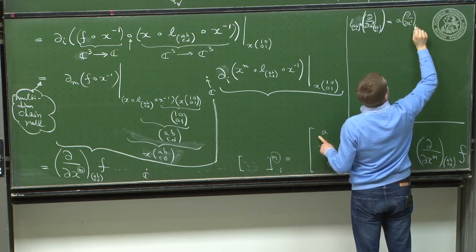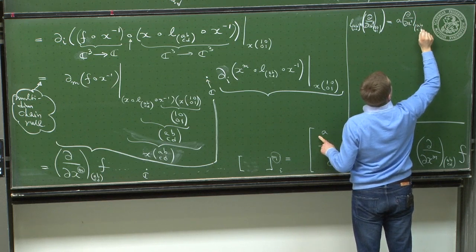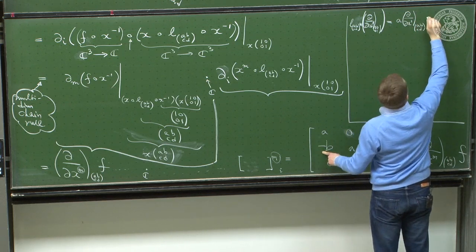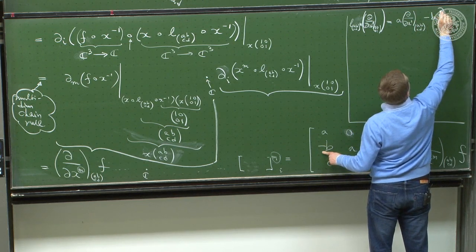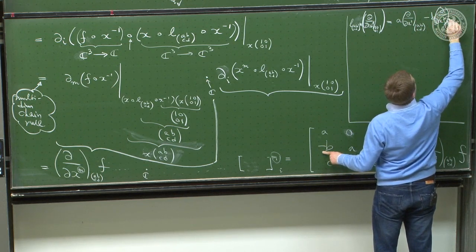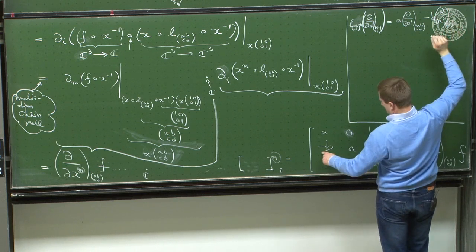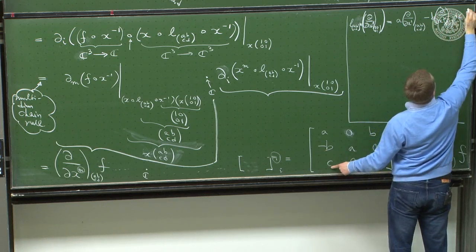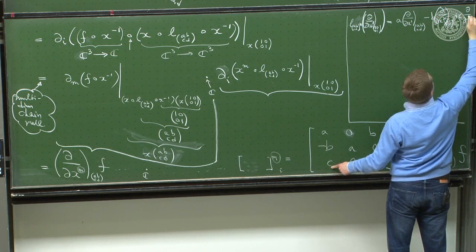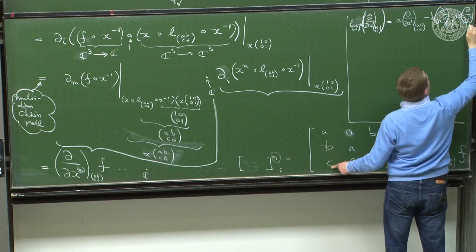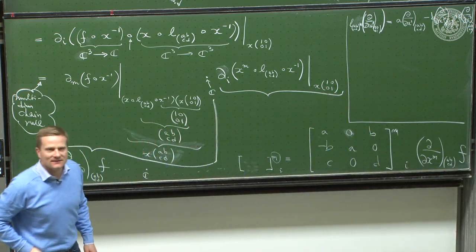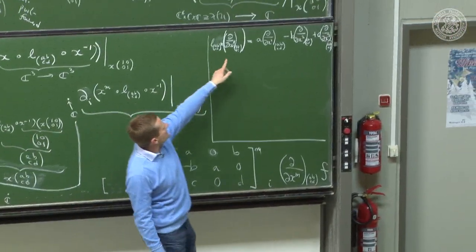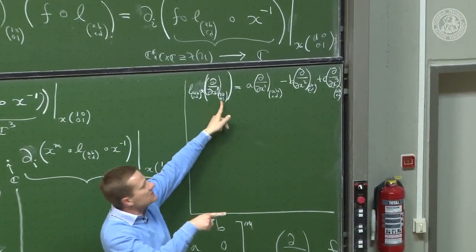But this is the tangent vector coordinate induced at A, B, C, D, minus B times d by dx2 at A, B, C, D, plus C times d by dx3 at the point A, B, C, D. This is the tangent vector in the one direction at the identity.